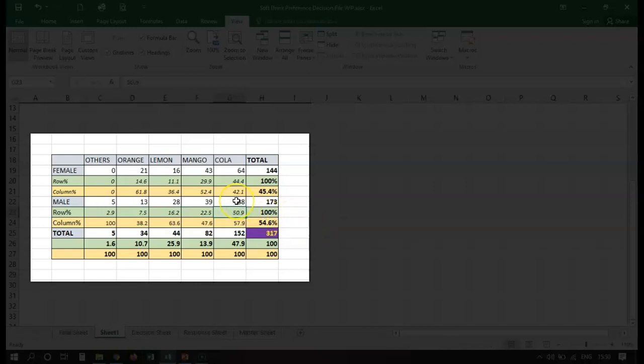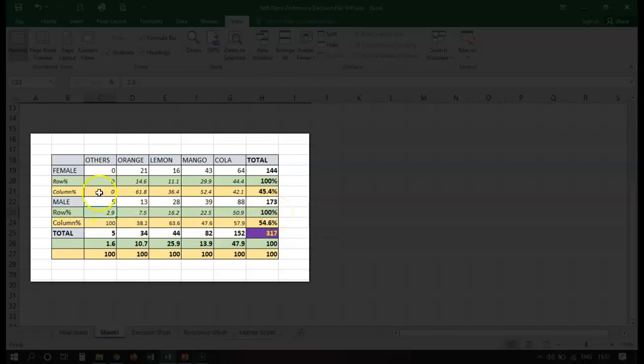Of 88 males out of 173 males who said that they love cola. The 44.4 percentage is the 64 out of 144 females who said that they love cola. Likewise, we have calculated for each of these cells, and we have arrived at all row percentages. So this is known as row percentage. If we add up all these rows, we will find 100%.